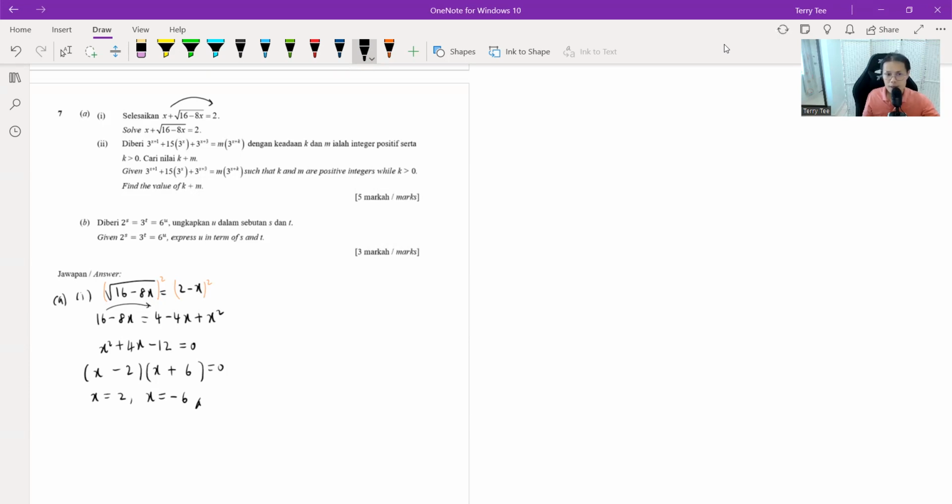Okay, but sometimes there's a problem that some value, when you sub inside, doesn't satisfy the equation. Why? Because in the process of squaring both sides, you're actually creating additional answers.